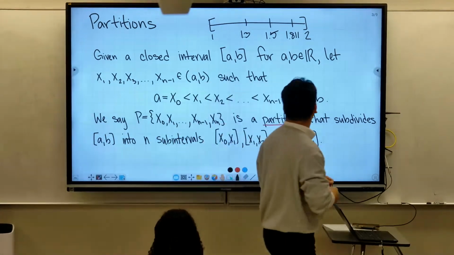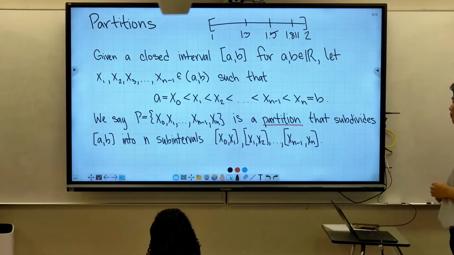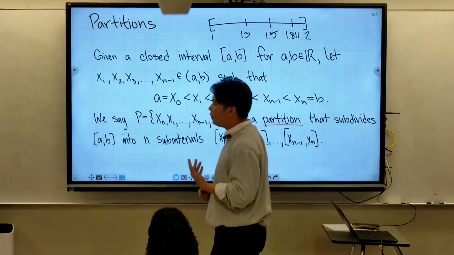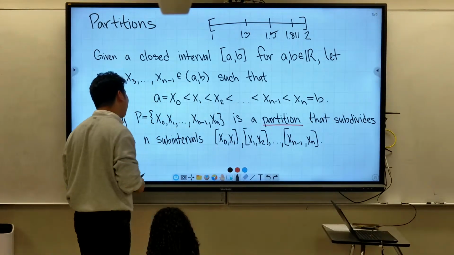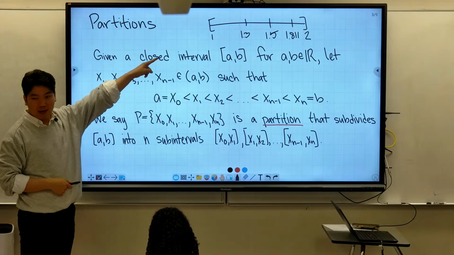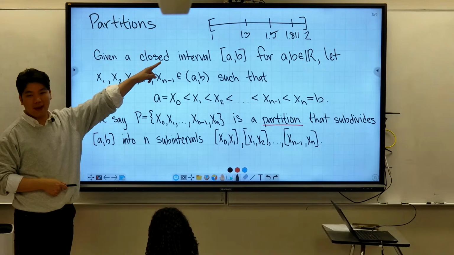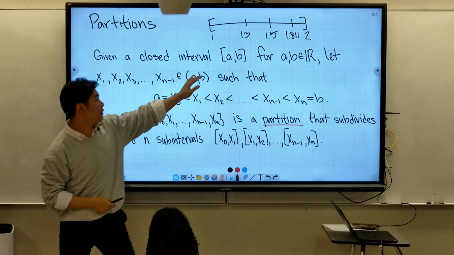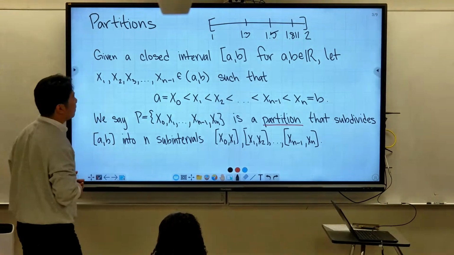All right, so we have this idea of a partition. So what am I going to do with a partition? Well, I'm going to introduce a definition related to the partition. Looking at this partition example, which one looks like the biggest interval out of these 4, give or take?